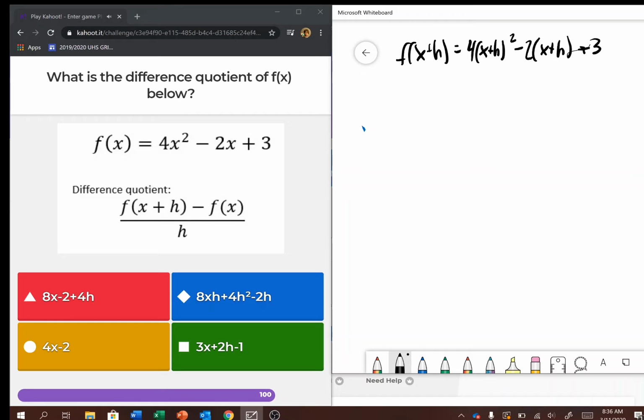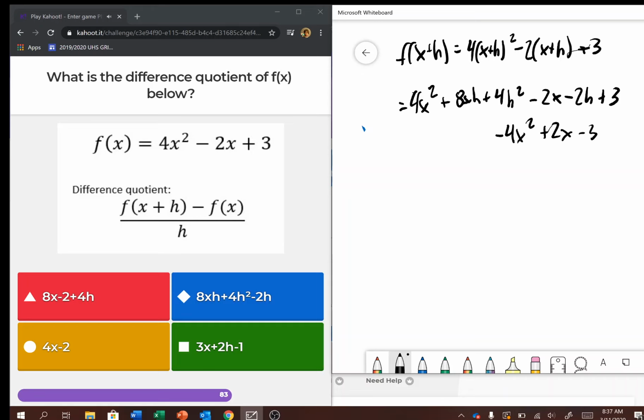Okay, so that's going to be 4x squared plus 8xh plus 4h squared minus 2x minus 2h plus 3. And we're going to subtract f of x, so minus 4x squared plus 2x minus 3. So what's going to cancel? The 4x squared cancels, the 2x cancels, the 3 cancels.